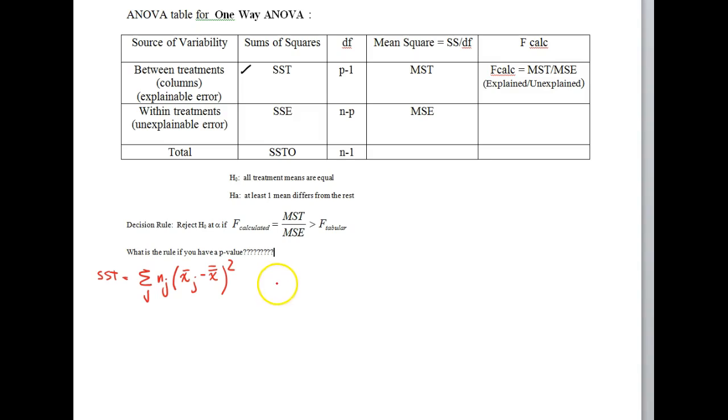Okay, so for treatment 1, or package design 1, how many data points do we have in that? We have 4 data points. Okay, what is our mean of that treatment? Our x bar sub 1. So that's 11, and then we minus off the overall mean of the whole thing.